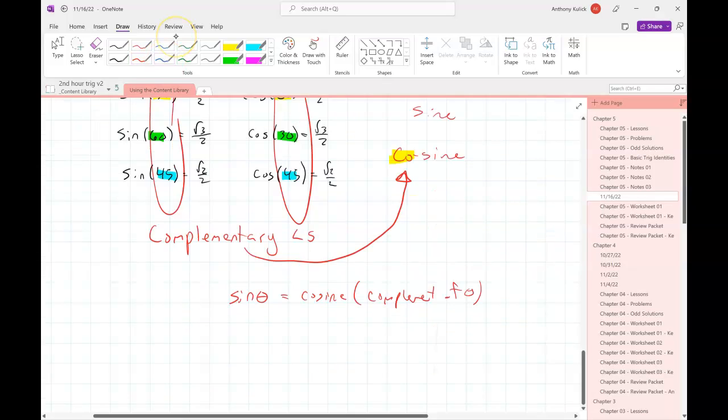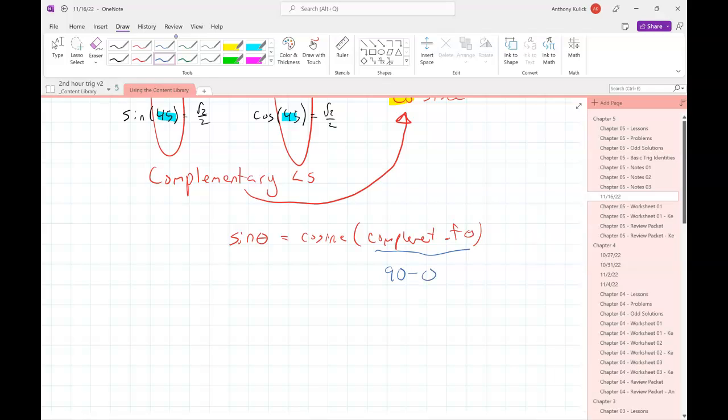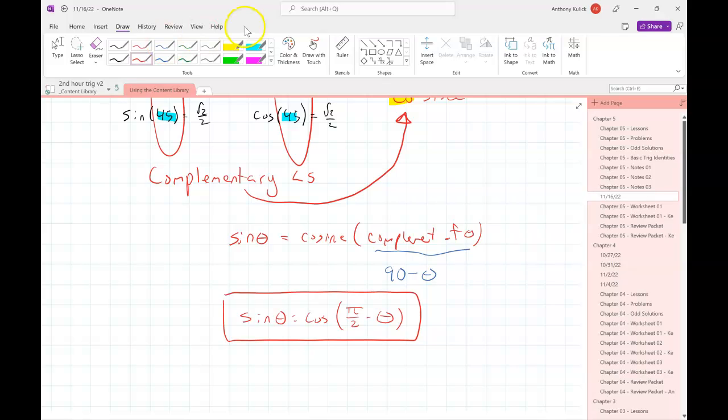Now, symbolically, how do we say the complement of theta? That'd be 90 minus theta. But when we do trigonometry, do we use degrees most of the time or radians? Radians. What's 90 degrees in radians? Pi over 2. So we have that identity.